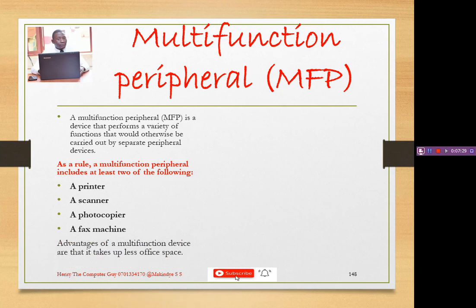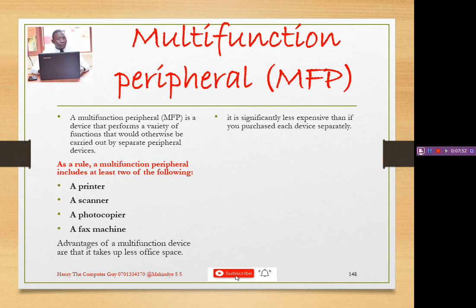They're telling us that an advantage of multifunctional peripheral devices is that they take up less space. For example, instead of buying 3 or 4 devices that consume much of your office space, if you buy one multifunctional peripheral, it saves some of the space which would have been used for other devices.